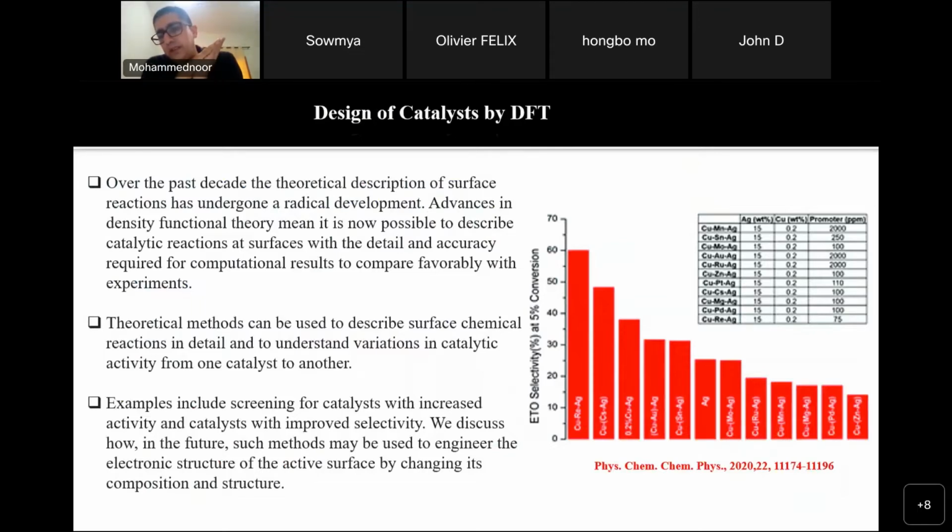We can do the testing in DFT, and those that show promising outcomes from DFT, you can prioritize or shortlist to be tested experimentally.